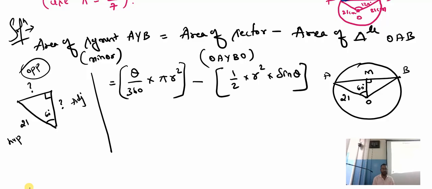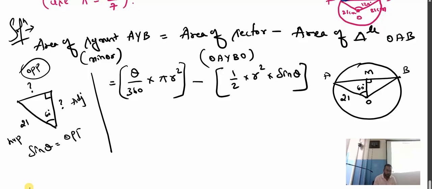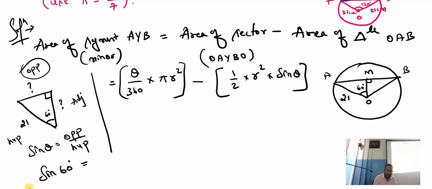Sin theta. We know that sin theta is equal to opposite by hypotenuse. That is sin 60. Theta is 60. Opposite. What is opposite here? Let me say AM. Opposite is AM, divided by hypotenuse OA. Clear? Then what is sin 60?